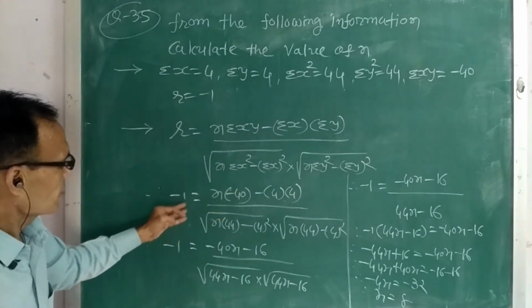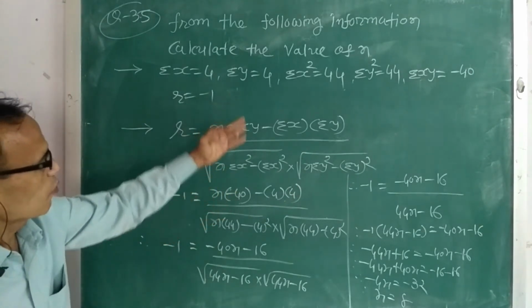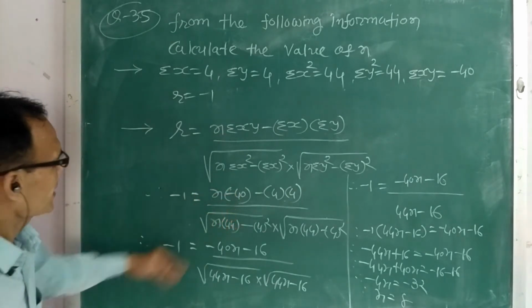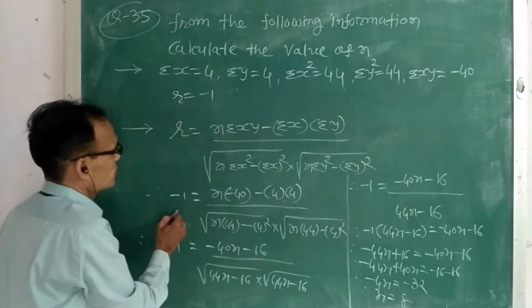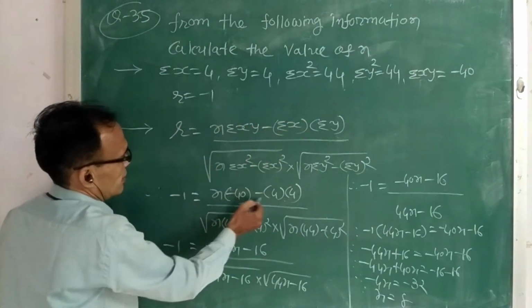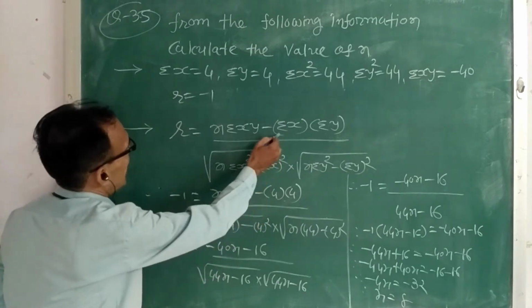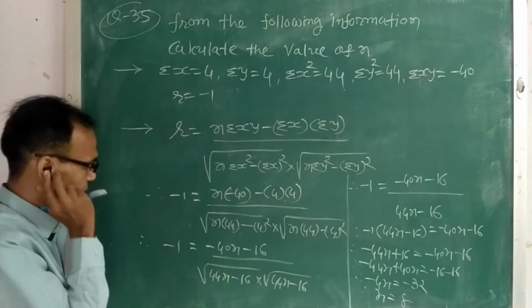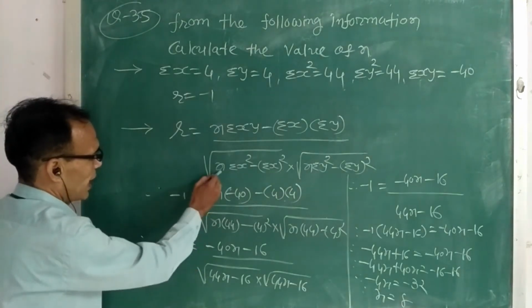Therefore, minus 1 is equal to, put the above values in this. Then we get r is equal to minus 1, and minus 40 minus sigma x, that is 4, sigma y, that is 4, and here root of n.